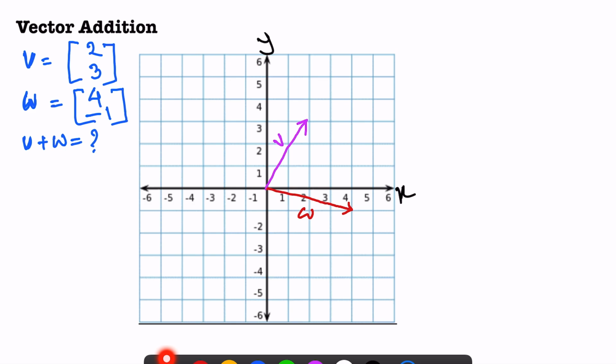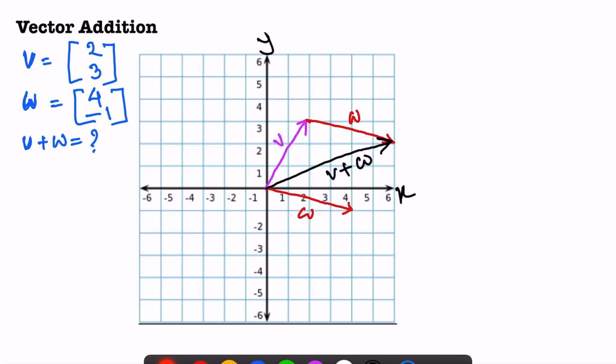So let's move this vector and place it here. So this is also W. And the resultant vector will be this one, V plus W.